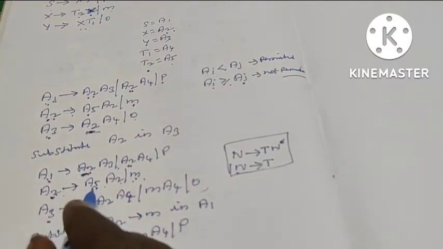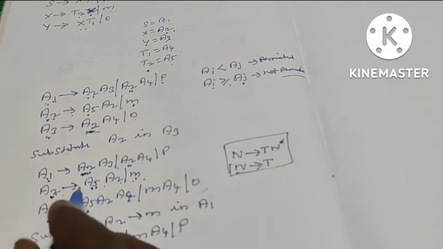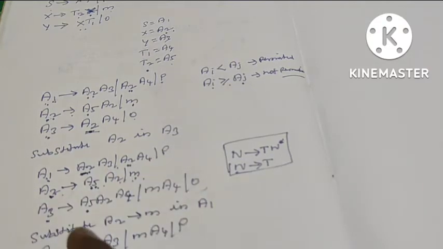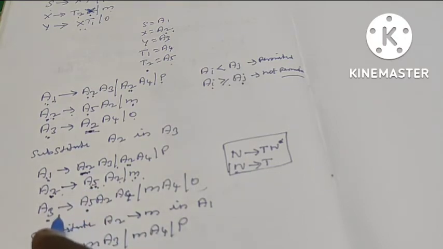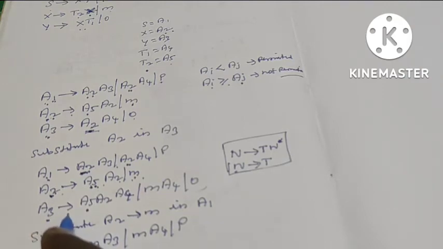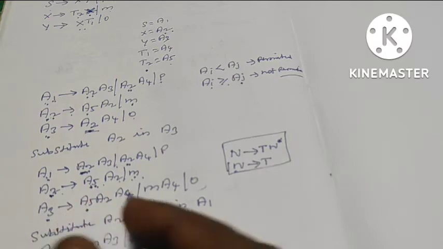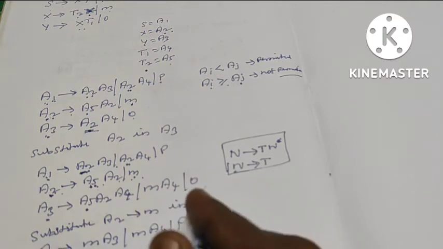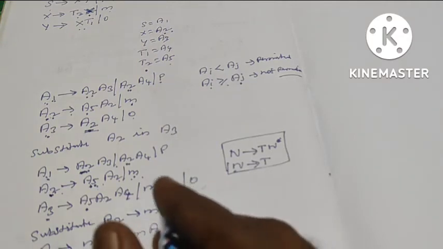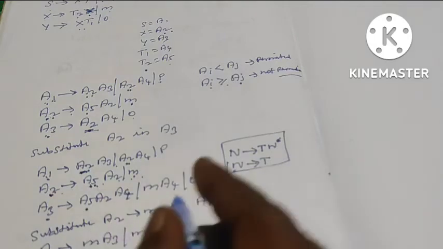Now when you come to the second production, A2 tends to A5. The most crucial part is that we should also write these productions.